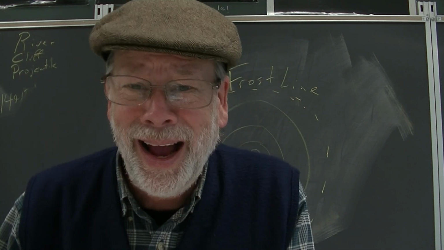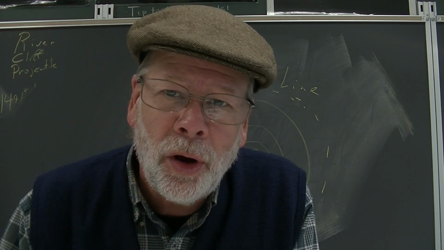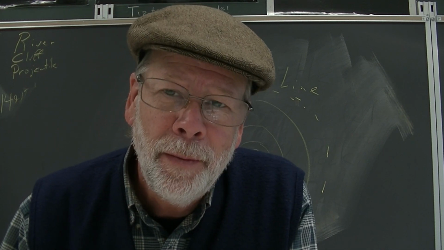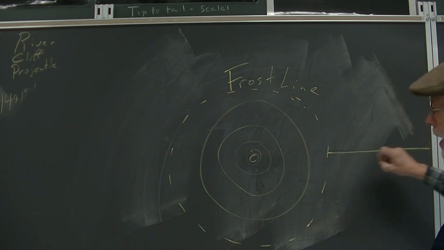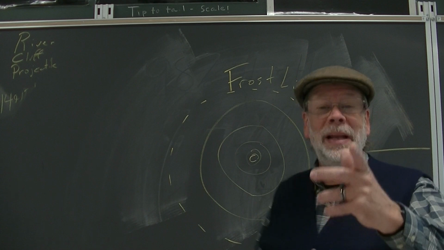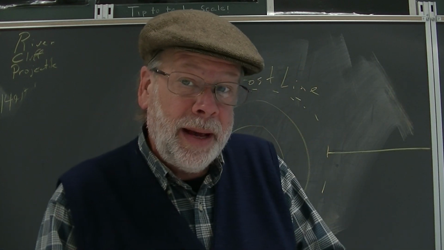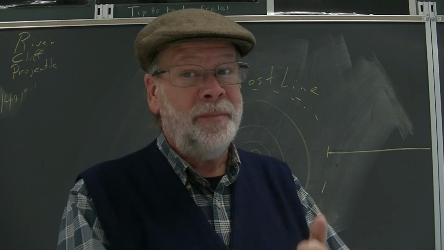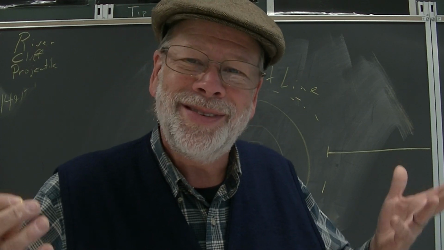Now these planets are tiny compared to the outer planets. So let's talk about what happened with the outer planets. Once you get past this line, you have the ability now to form much larger objects because instead of just rock and metal, you still have rock, you still have metal, but now you have a whole lot more stuff, which is ice.